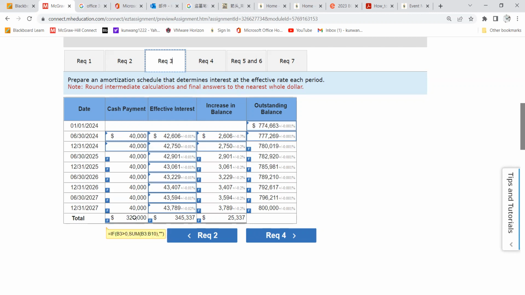The total cash interest, total effective interest, and the amortization added together should give your total discount in the beginning. We amortize it among the different periods.